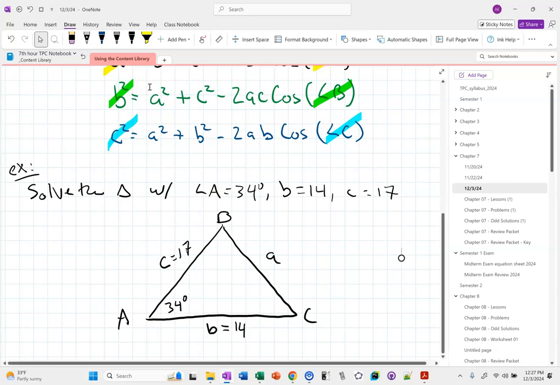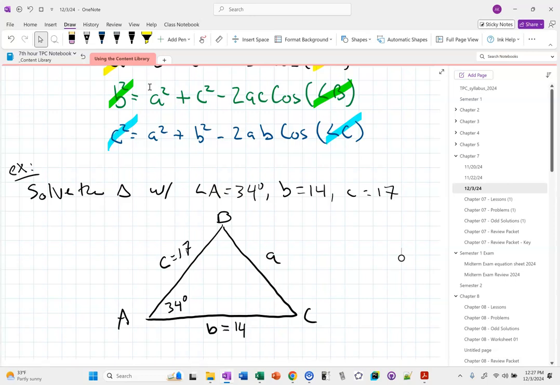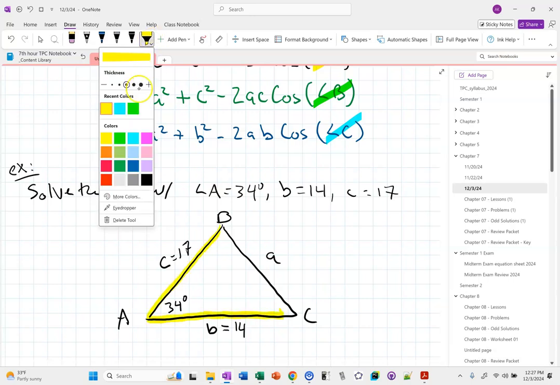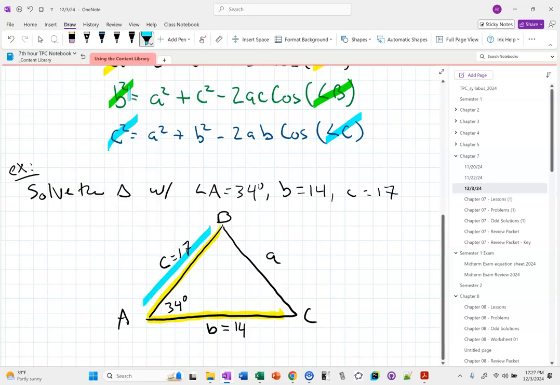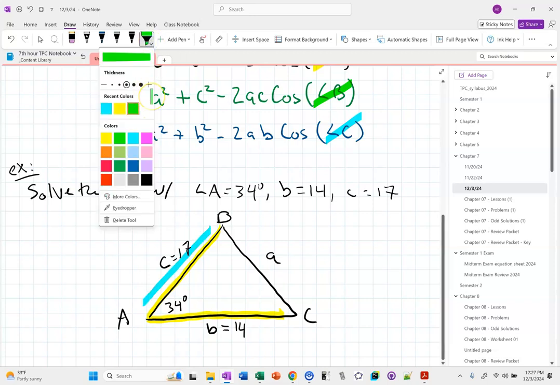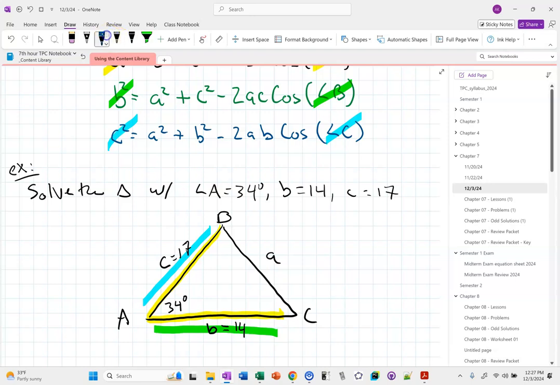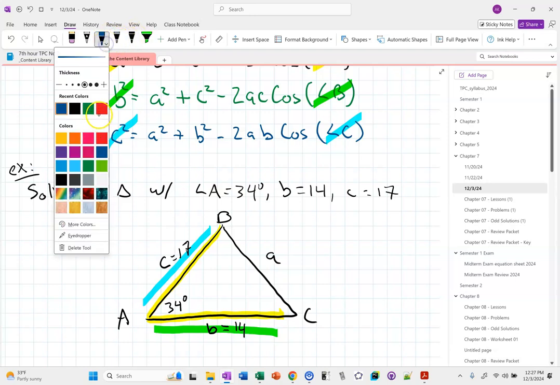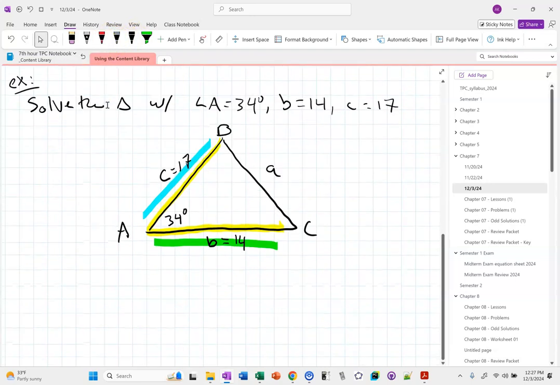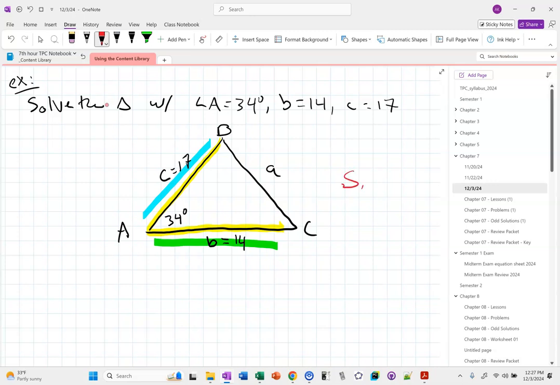So far, so good. Now what I want to do is determine what type of triangle I have. So I'm given angle A, side C, and side B. What do we have here? It's the side angle side situation, right?